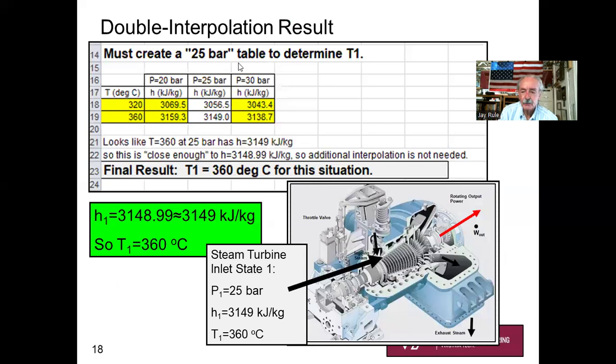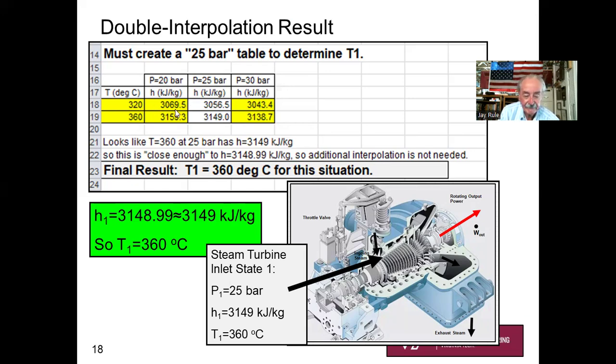Okay, so here's what I did. Back in my solution, I wrote down in yellow cells my numbers for H at 20 bar and 30 bar, but I need to generate H values at 25. Well, 25 is halfway between 20 and 30, so it's easy to do this interpolation.